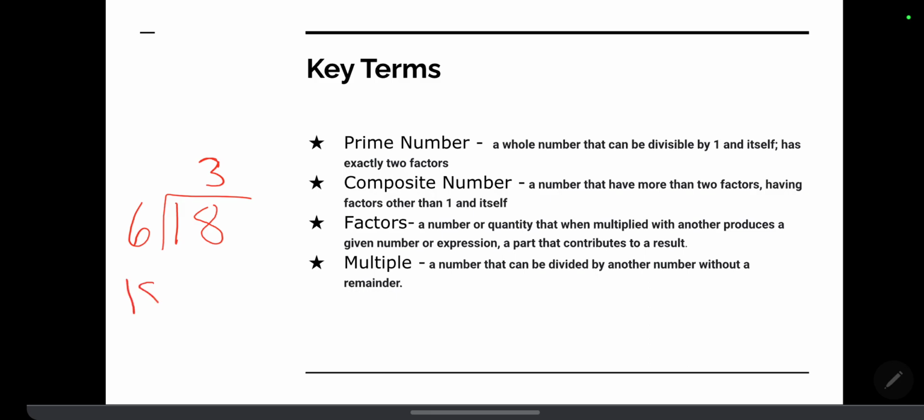Let me write that out this way, not long division: 18 divided by 6 equals 3. So 18 here is the multiple. It can be divided 6 ways, and we would have 3 with no remainder.